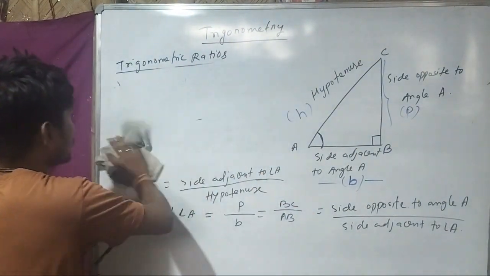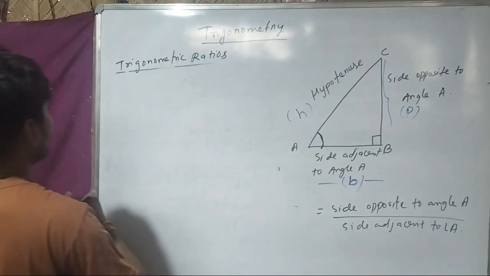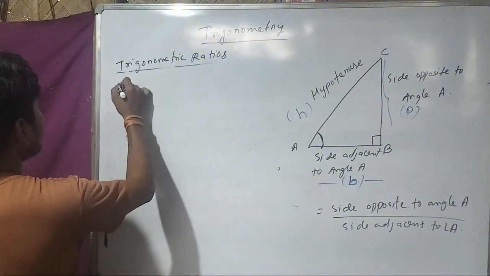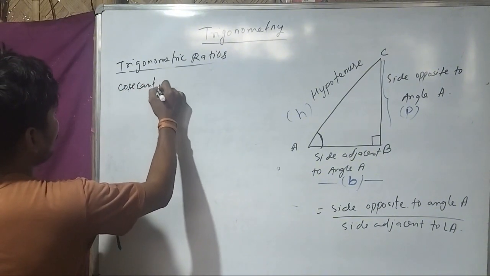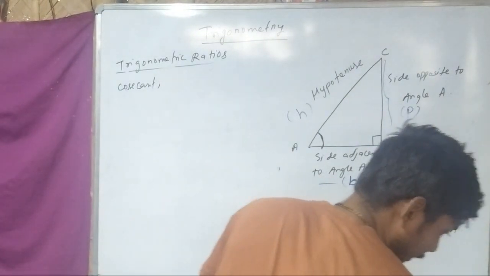So now next we will take cosecant. Now you write one thing: cosecant, then secant, and then cotangent.